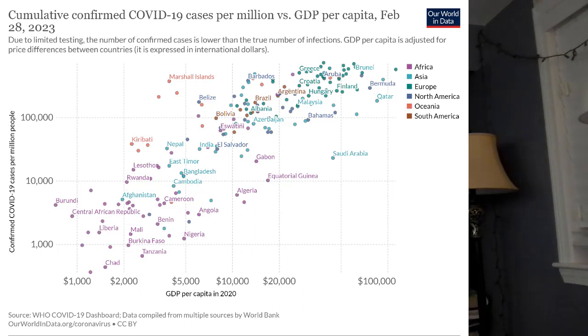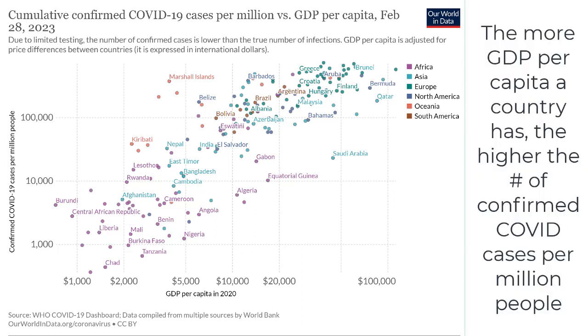It shows, where every dot or every small piece of text refers to a country, you can see in this scatter plot that actually it's not the case that less thriving nations are affected more, if by affected more we mean have more confirmed cases of COVID. In fact, the opposite seems to be the case. That is, the countries with the higher GDP per capita have more confirmed cases of COVID than the poorer nations.